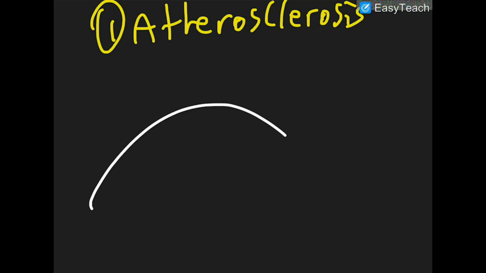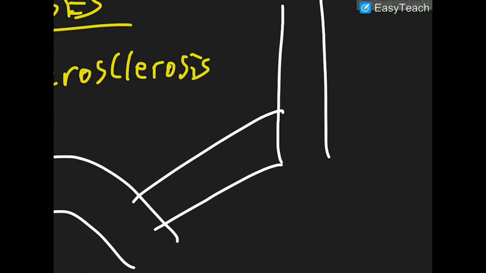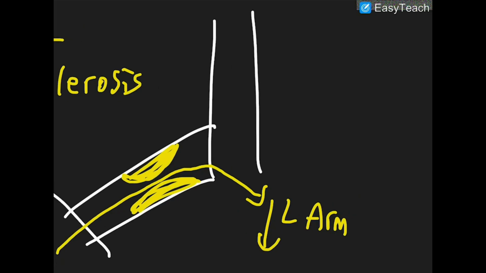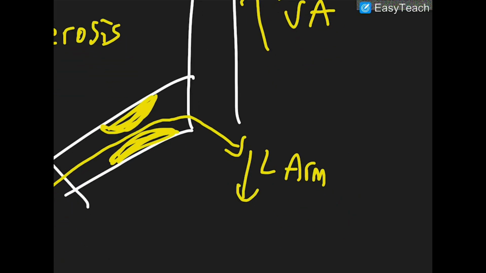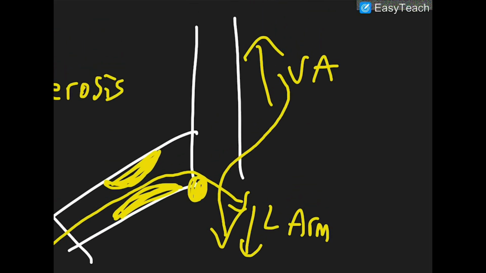And so if we again took the aorta and drew the subclavian artery and then the vertebral artery, over time you can get that calcification and cholesterol plaque buildup, and that can cause narrowing, leading to decreased blood flow going to the left arm in this case, right? So again, that's going to create a pressure difference. There's going to be higher pressure in your vertebral artery, lower pressure in your subclavian artery after the stenosis, right? So that's going to cause blood to rush to the blood vessels of your left arm, which means less blood will go to your brain. So that's why you can see neurological symptoms, right?